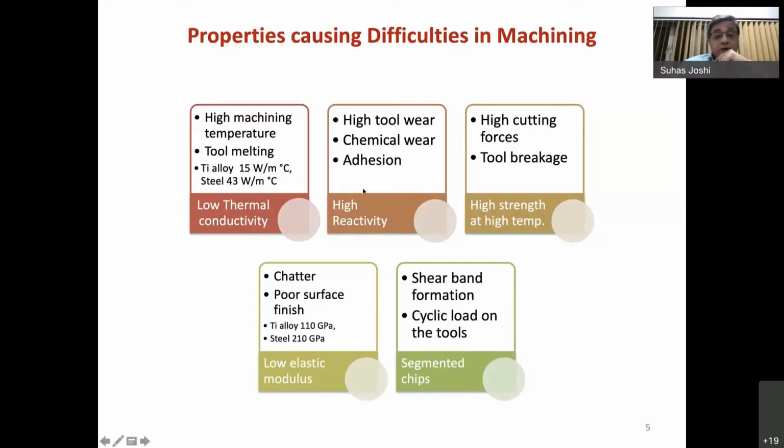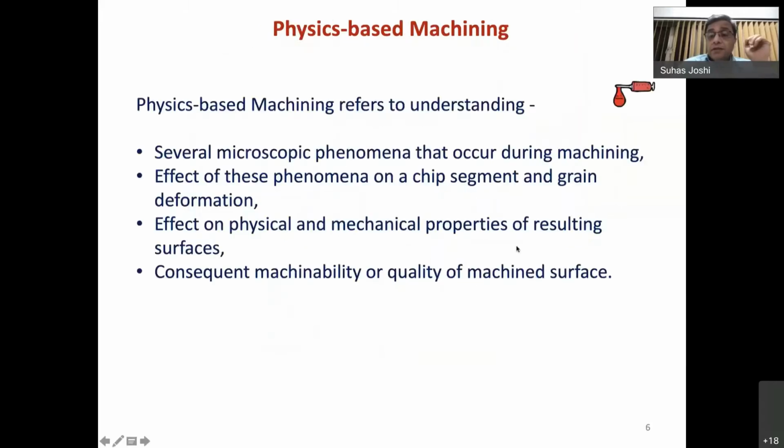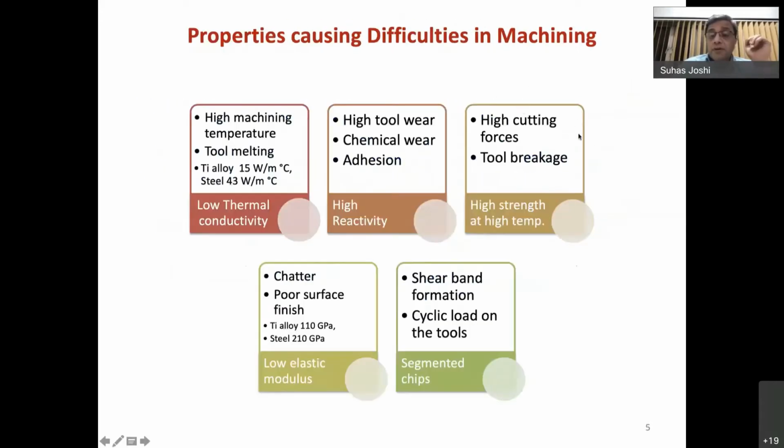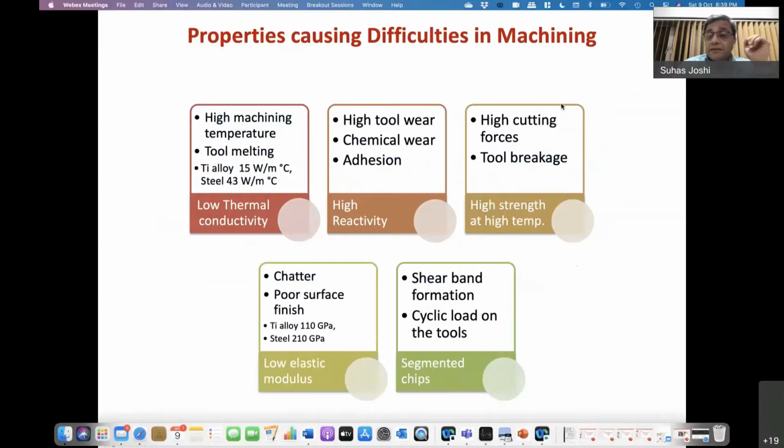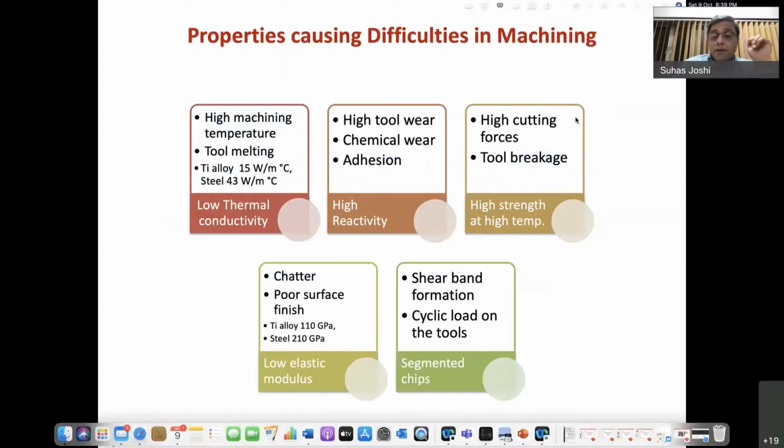You will find all kinds of wear, abrasion, chemical adhesion while machining titanium alloys. High cutting forces and tool breakage or tool melting is also one of the problems.